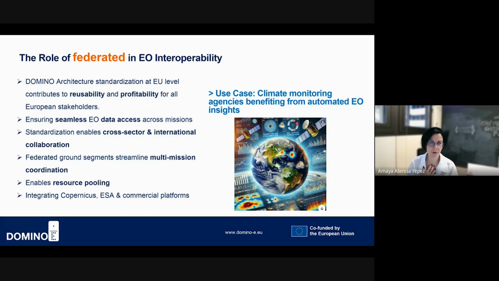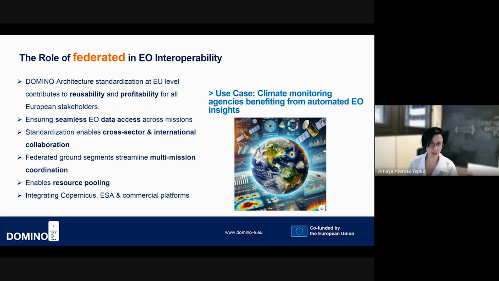So what is the role of Domino in this federation? This standardized architecture will contribute to the reusability of Earth observation assets at EU level, but also will increase the profitability of the different stakeholders: data providers, constellation builders, integrators, SMEs, and end users.